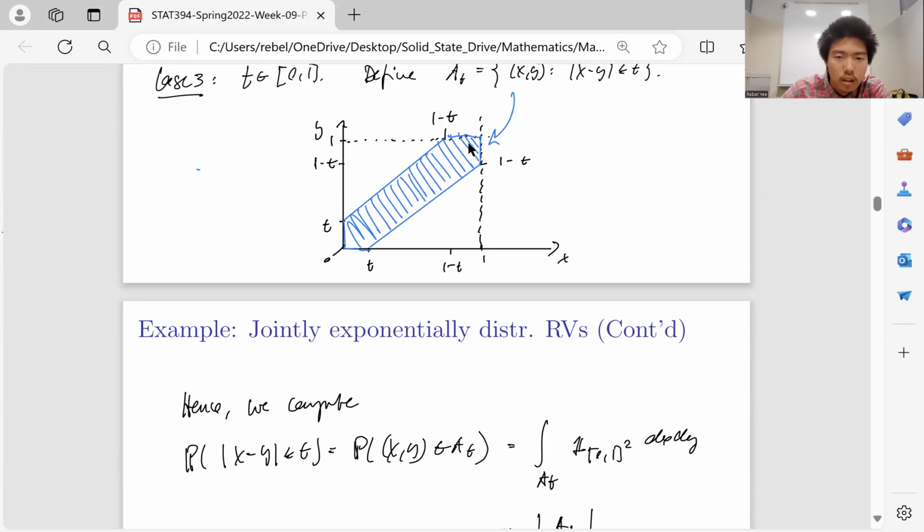For example, if t is just 0, then the line is here, and we move it slightly, the area will increase very fast. But when it's close to 1, the line is here, and you increase a small distance, the area will increase very slowly. So that's why when close to 1, the probability density function becomes very low too.